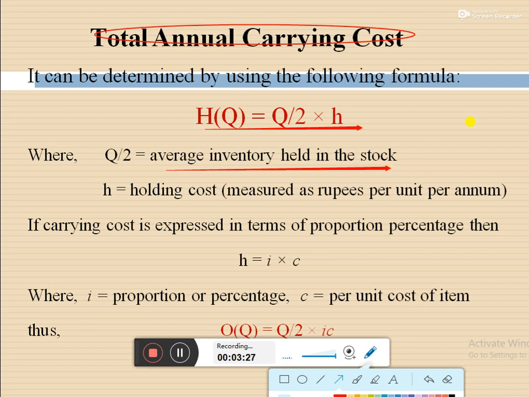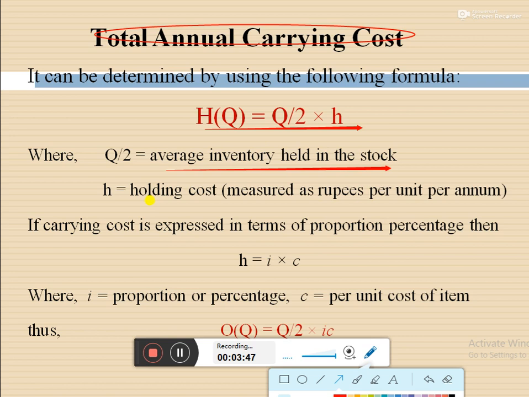So order quantity is multiplied with H, that denotes holding cost, which is given in terms of rupees per unit per annum. So remember, in this formula we are going to use H, that denotes the holding cost per unit per annum.